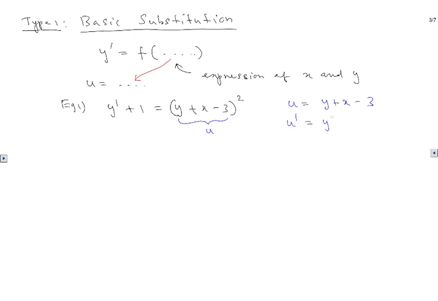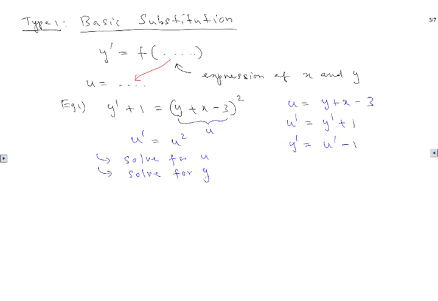Then it's u prime equal y prime plus 1. We solve for y prime, which is u prime minus 1, and then substitute. Once you substitute, this side simply becomes u prime equal u squared. Then we solve for u, and after that we can use the relation to solve for y.